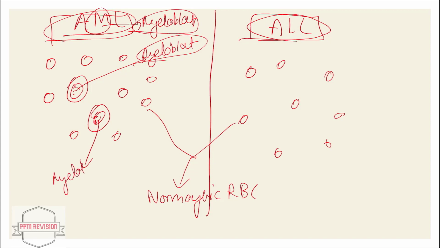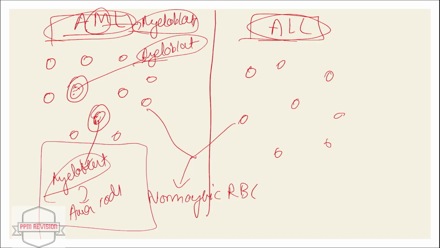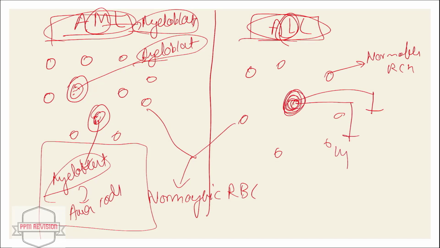So far so good. And then here also there's normocytic RBC, and there's presence of lymphoblast. As mentioned, myeloblast is present there and lymphoblast is present here. So let's draw the lymphoblast.